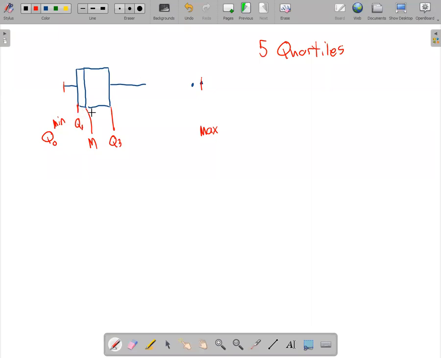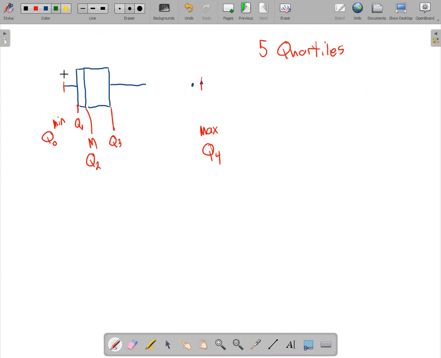The next 25% would be 2 groups of 25%, or 50%, which would be the second quartile. So the median here is also Q2. And the max we could call Q4, because it is the end of the 4th quarter, right? 100% of the data. Max is where 100% of the data is at or below that point, right? So there's 5 quartiles, but 4 quarters.